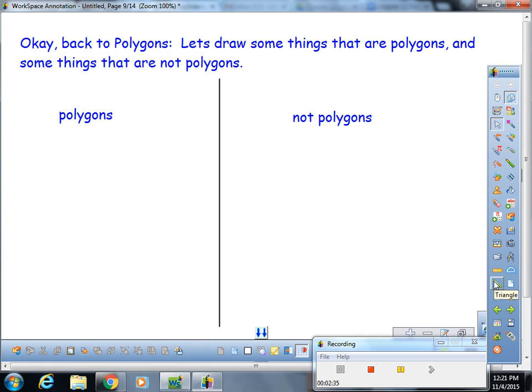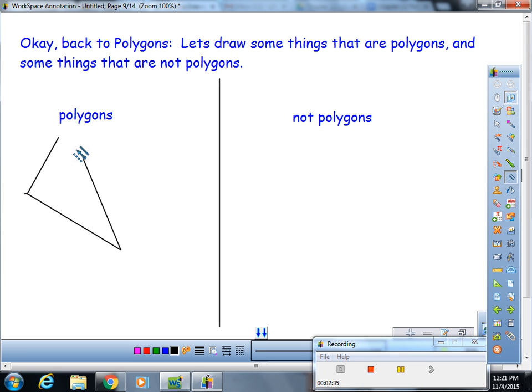All right, now we're back to polygons. Let's make sure we know what polygons are. So, a polygon, that's a polygon. It's a closed plane figure made of segments that only intersect at vertices.